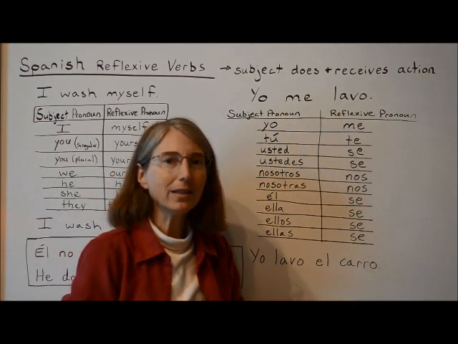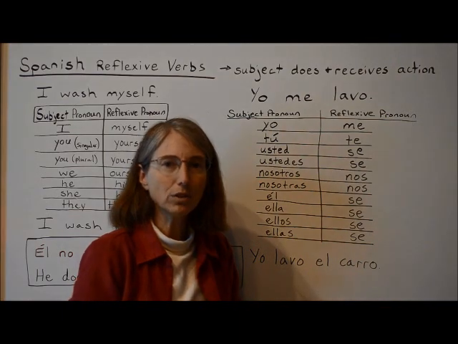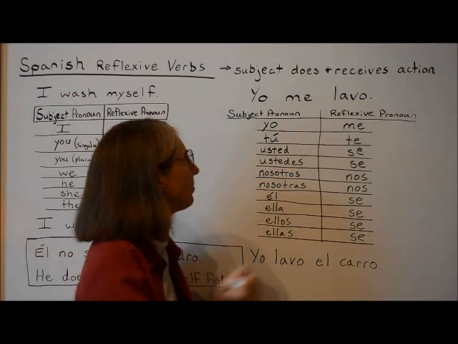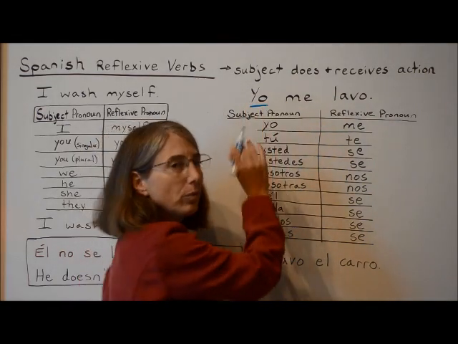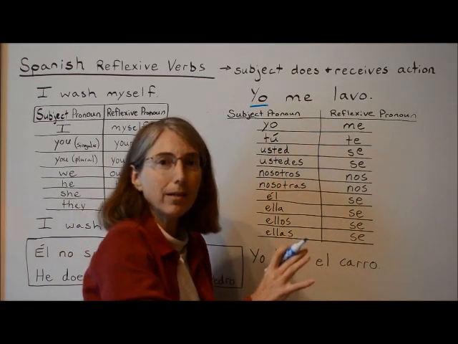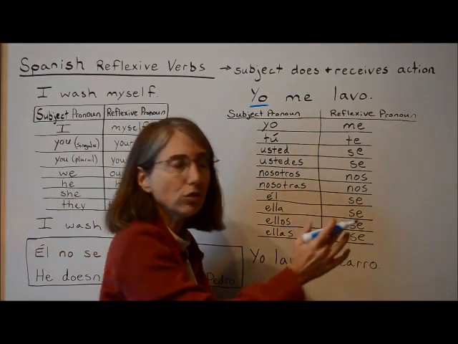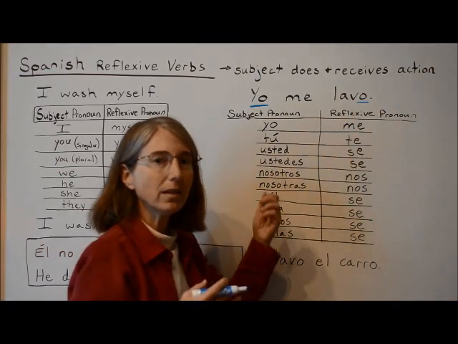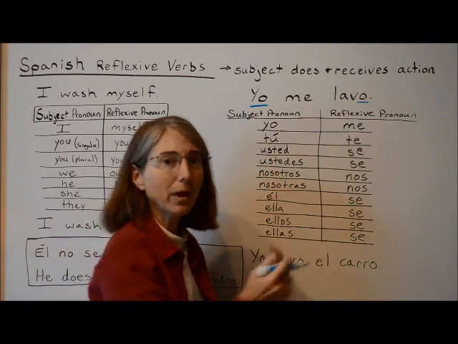Notice that in Spanish, the verb is conjugated according to the subject pronoun yo. We have yo, and we conjugated the verb lavar in the yo form. And we selected the reflexive pronoun me to match yo.